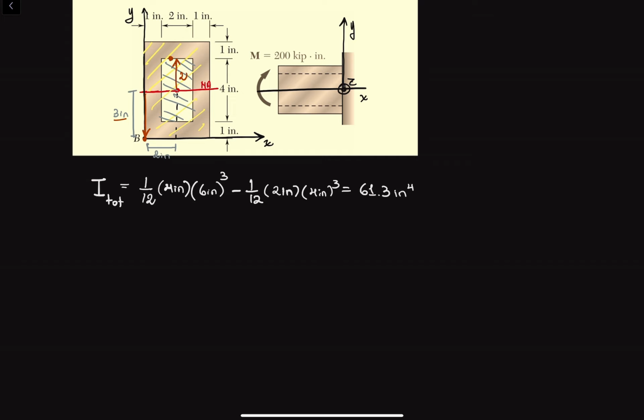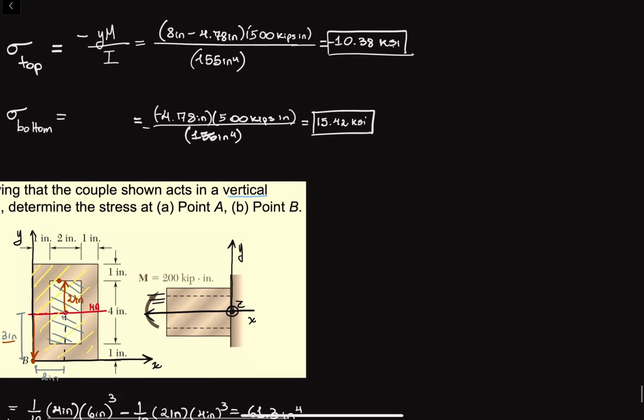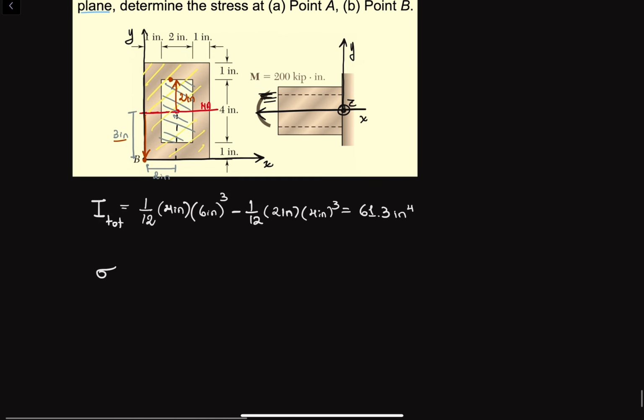And so now that we have that, we can go ahead and use our formula for the stress in what direction? Well, look at this. The stress is going to come out of here. It's going to be some sort of distribution, right? And so it's going to be along the x direction. So the stress along the x direction is going to be equal to the moment.